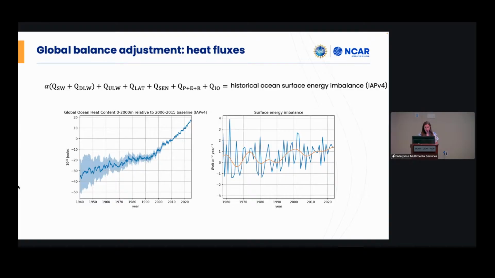In JRA55-do, this total Q flux was balanced to 0. Here we balance it to 0 prior to 1980, because it has a lot of observational uncertainty and it's poorly data constrained before then. But after 1980, we try to fit the surface energy imbalance that is observed.